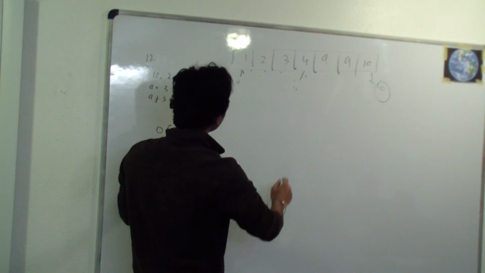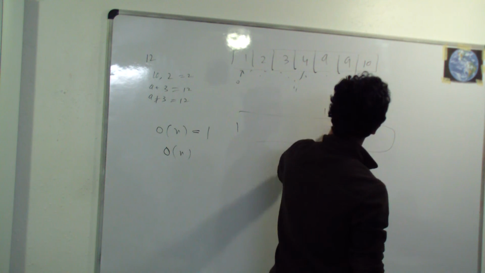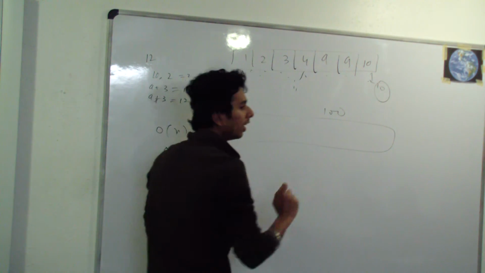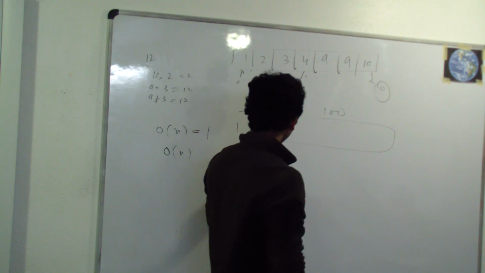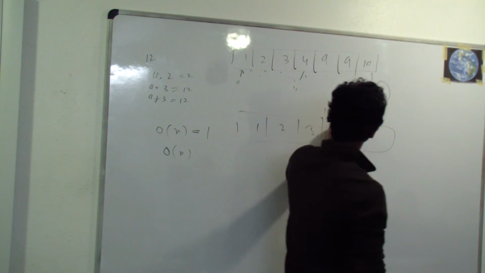Even if there are 100 elements and you are looking for the same thing, you have to go over the array once to find an element. That's O of n. But O of n square is something we did in bubble sort.